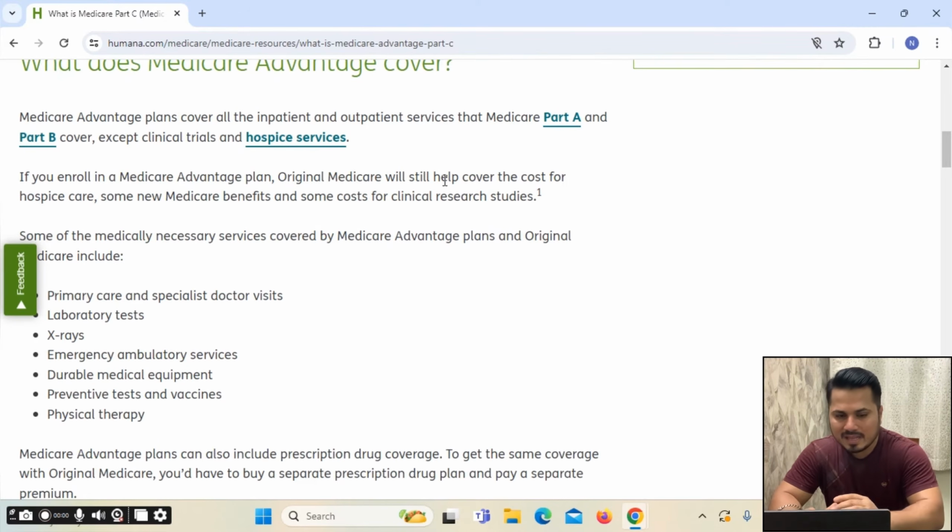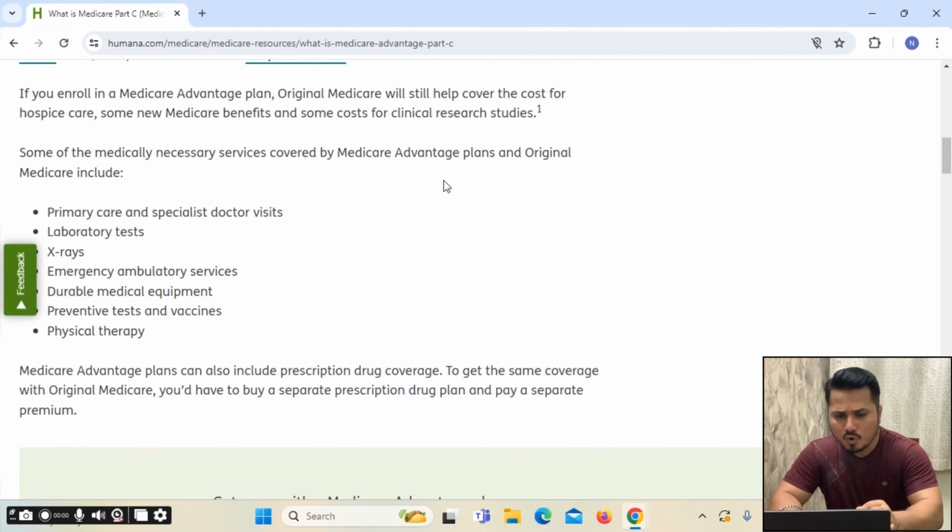Medicare Advantage plans cover all the inpatient and outpatient services that Medicare Part A and Part B cover, except clinical trials and hospice services. If you enroll in a Medicare Advantage plan, original Medicare will still help cover the cost of hospice care, some new Medicare benefits, and some cost of clinical research studies, guys.